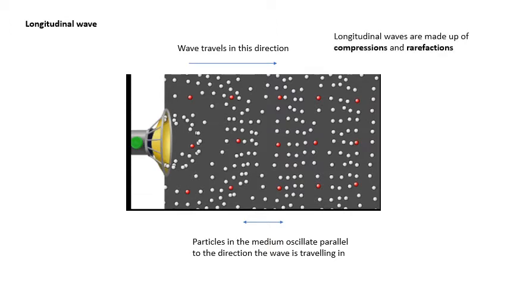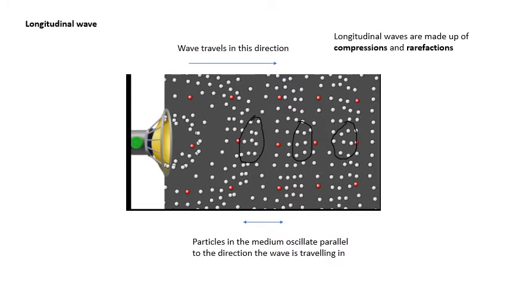Longitudinal waves are made up of compressions and rarefactions. What does that mean? That means that in some places, the air molecules are squished together. They are compressed together. These, I'm labeling now, are compressions, where the particles in the medium are compressed together.